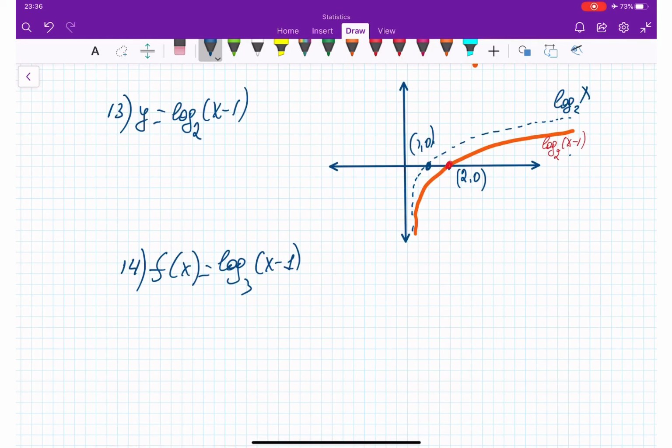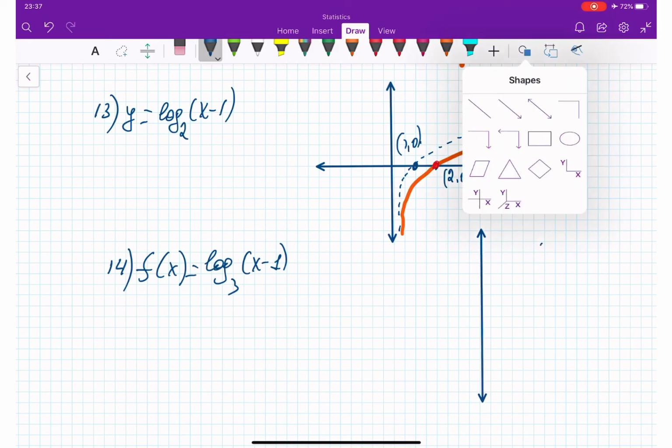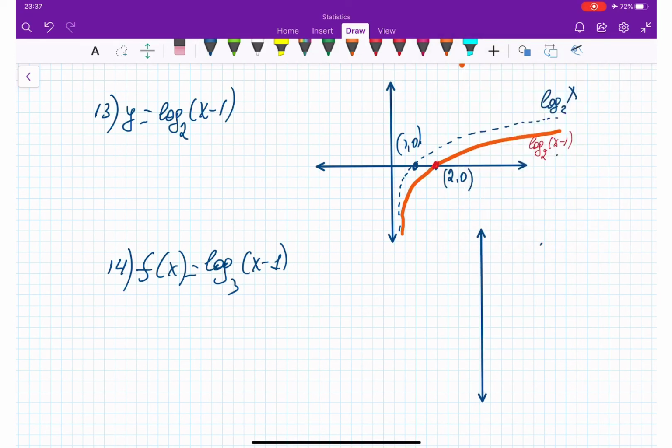Okay? So what is the graph going to look like? It's going to go like this. Okay.